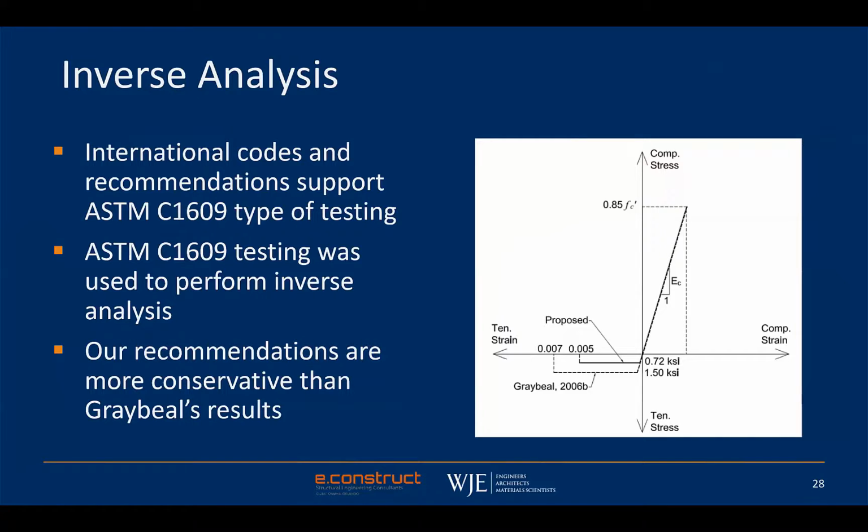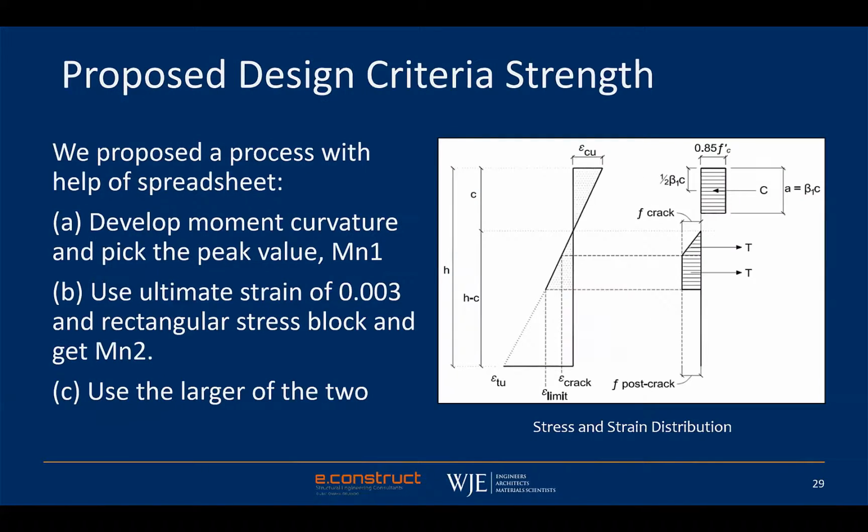Dr. Graybiel, in his excellent work over the years, many years now, has led the way, and some of his testing showed 1.5 KSI for some of the pre-bagged materials he had used. For us, we want to be conservative, and we know we can achieve more, but we want to be conservative to make sure that we have enough confidence in what we're doing before we move full speed ahead.